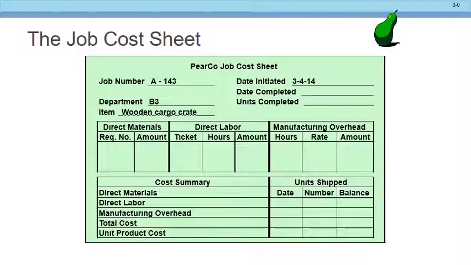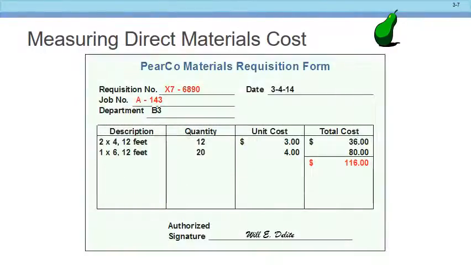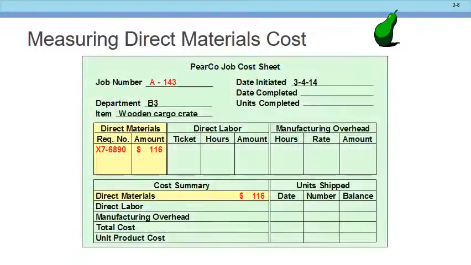Okay, and then we start to gather our cost here, and so we get our direct materials. Whatever the direct materials were, direct materials total on this job was $116, right? Okay, then what? Then we roll up the direct materials, right?